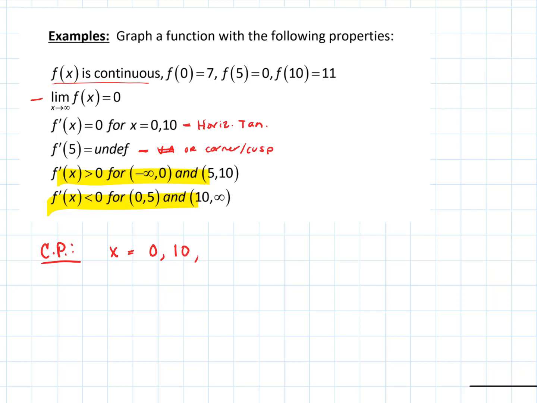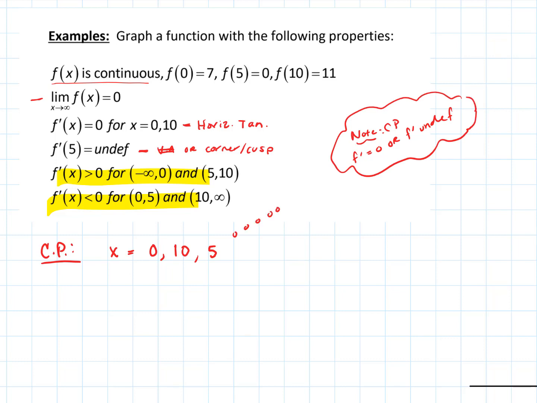I'm going to go ahead and say that x equals 5 is also a critical point, because remember, critical points come from two places, just a quick note: our critical points are when the derivative is equal to 0 or when the derivative is undefined. That's my little thought bubble.